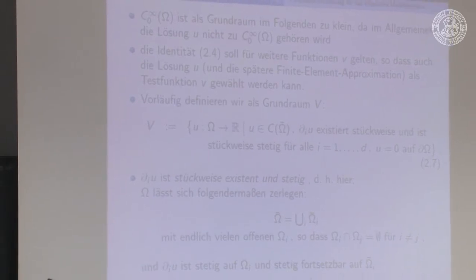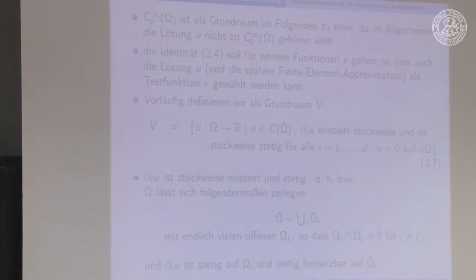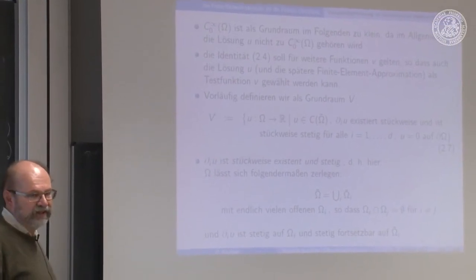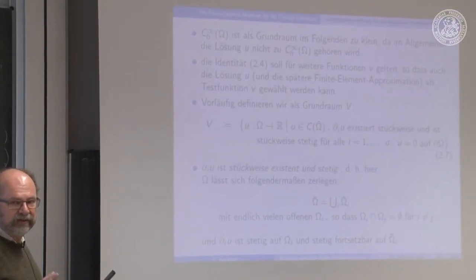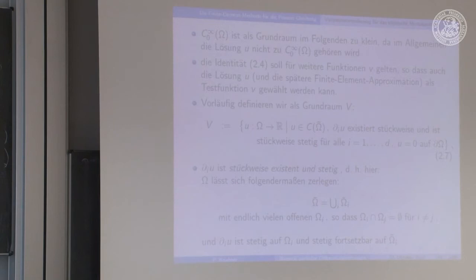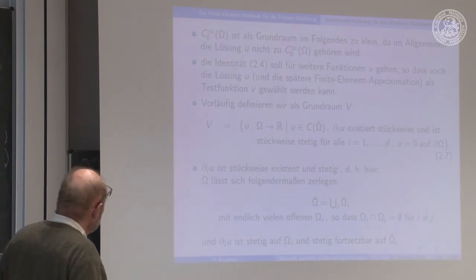We would be restricted to just a few problems where the solution really has this property. So we now have to try to enlarge the space a little bit without doing harm to what we did till now. And this is a first attempt. It's not the final attempt and not the right attempt, but it's a first attempt in this inductive way to do this.